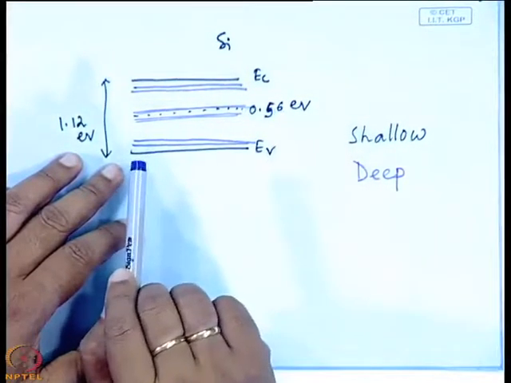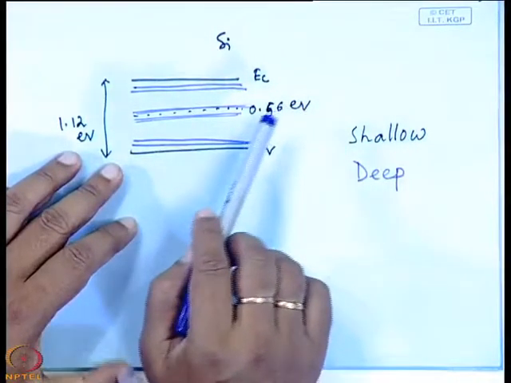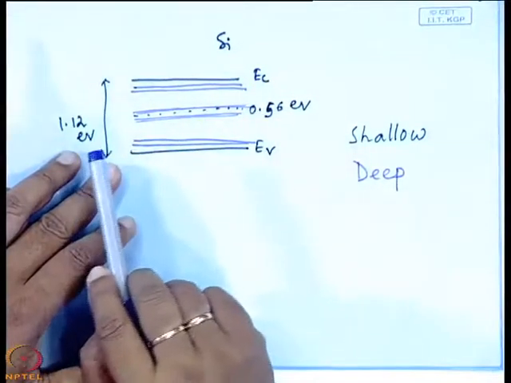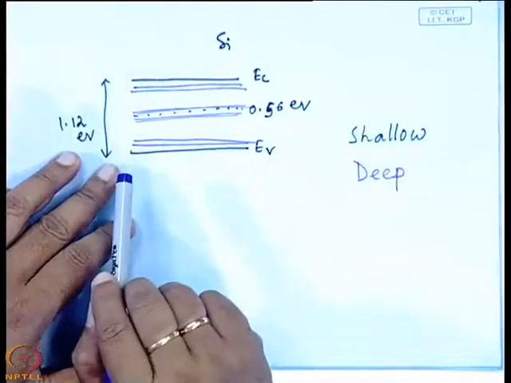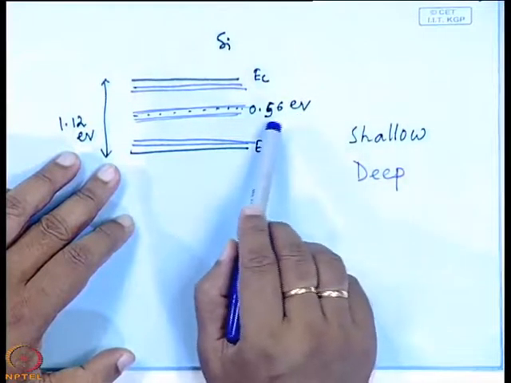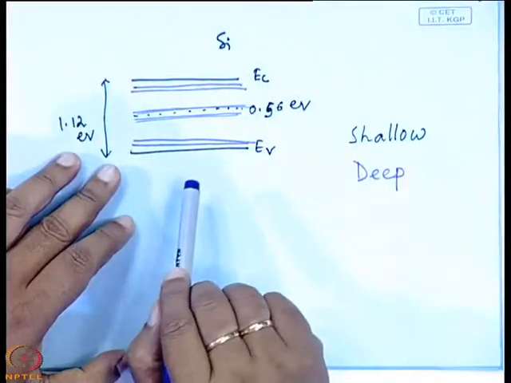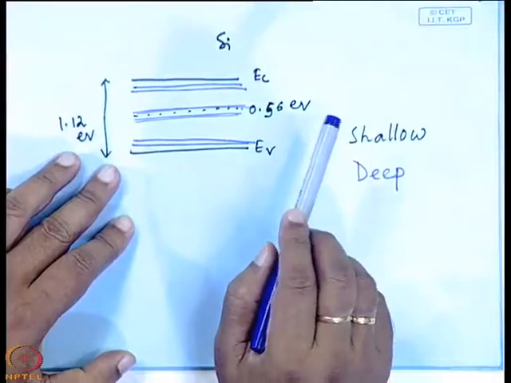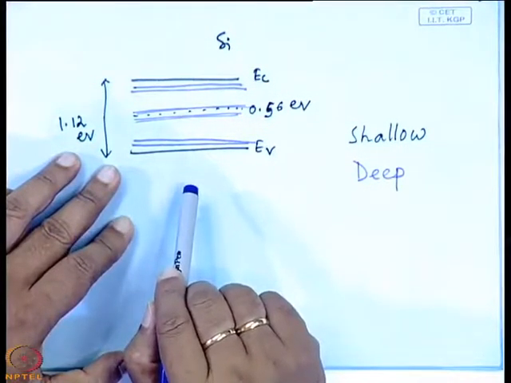If you consider 0.56 electron volt, what should be the thermal energy, what should be the temperature which will give rise to 0.56 electron volt? That means kBT equals 0.56. So, T equals 0.56 divided by 1.38 into 10 to the power minus 23.